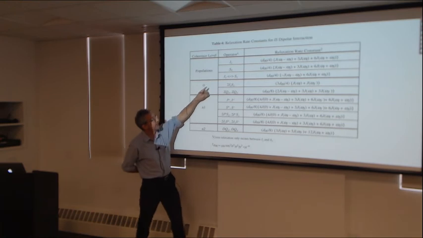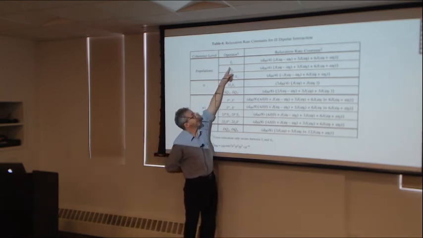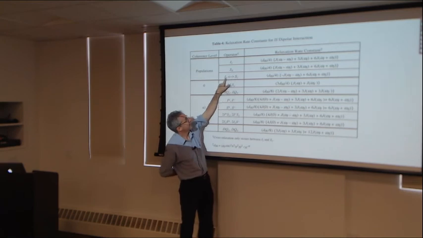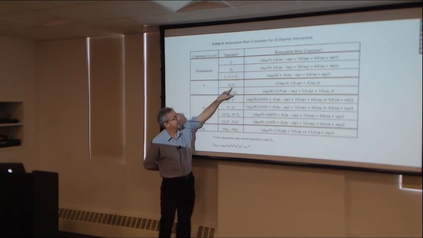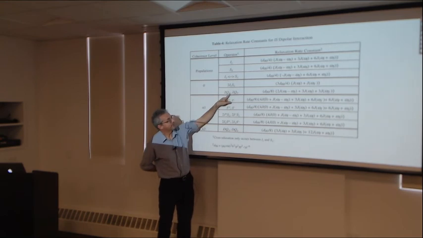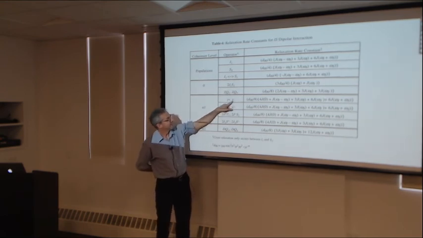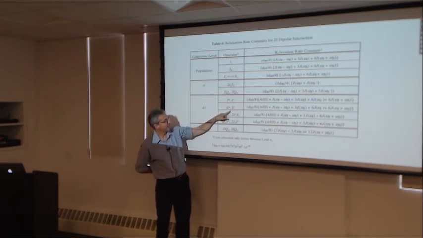So this would be R1 relaxation of the I spin, R1 relaxation of the S spin. Here's cross relaxation between the two, that is the NOE. Here is relaxation of longitudinal two-spin order, zero quantum coherence, in-phase magnetization of the I spin, so R2 for the S spin.